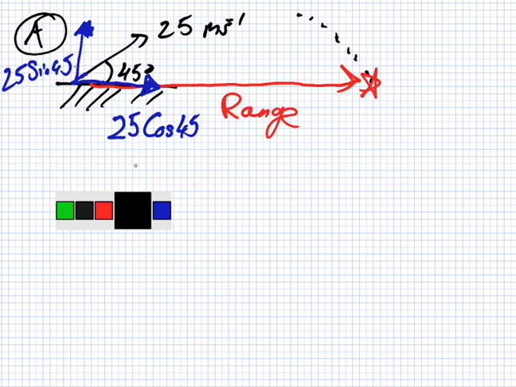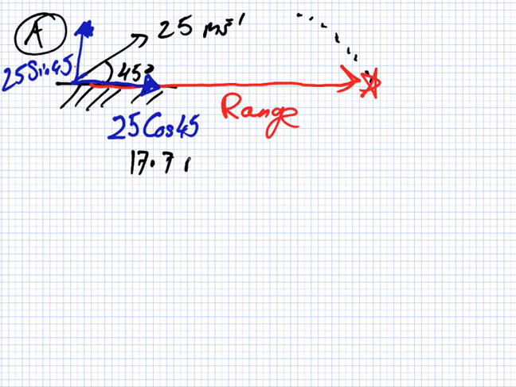So the two numbers here are 25 cos 45, which will be 17.7 meters per second, and then 25 sine 45, this will be 17.7 as well, meters per second.